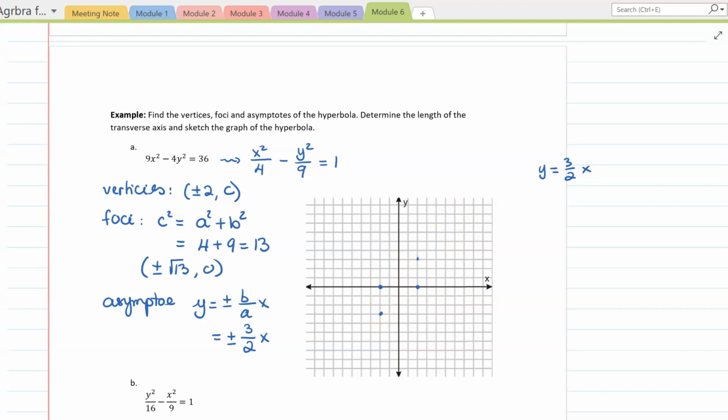So here you are looking at the asymptote, this line, that one asymptote. The other asymptote is y equals negative 3 over 2 x, so it has a negative slope. So here's the first point, here's the second point. We can draw the asymptote.